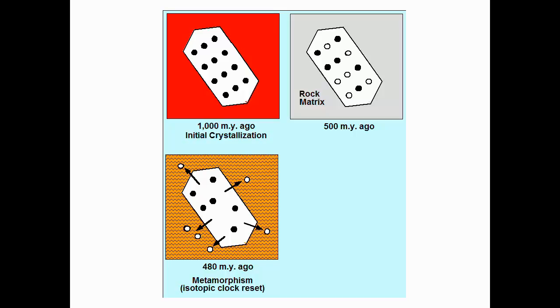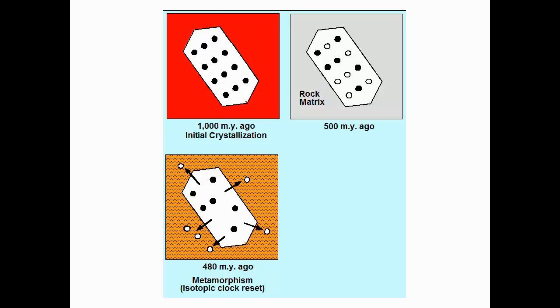Now, the reason this occurs is that if we start out in the crystal structure, when the mineral first formed, the parent isotopes fit nice and snug into the crystal structure. But then when the parent isotope decays to a daughter isotope, the daughter isotope no longer fits very well into that crystal matrix.